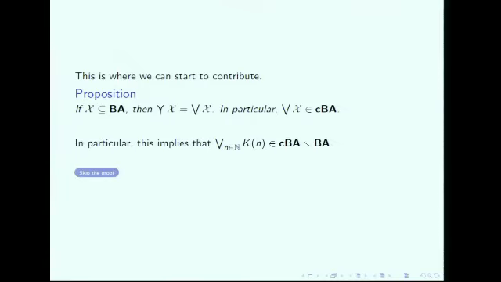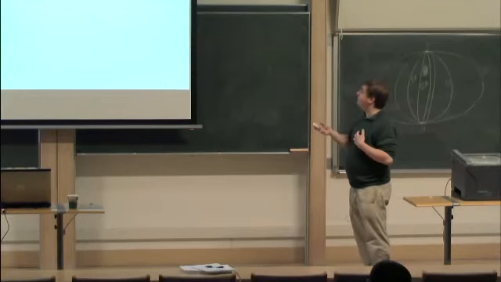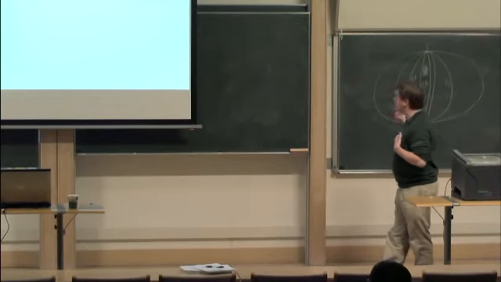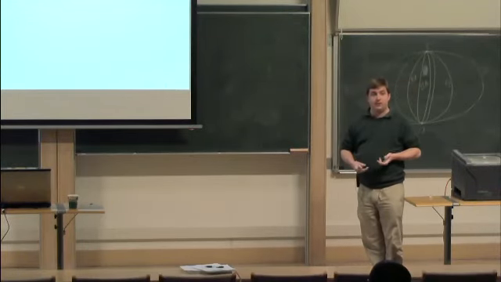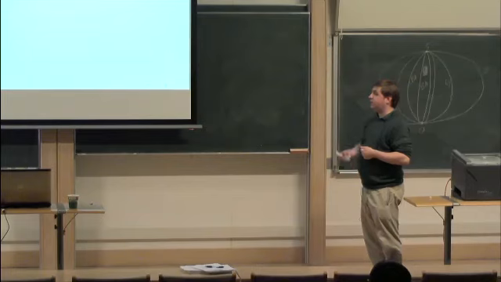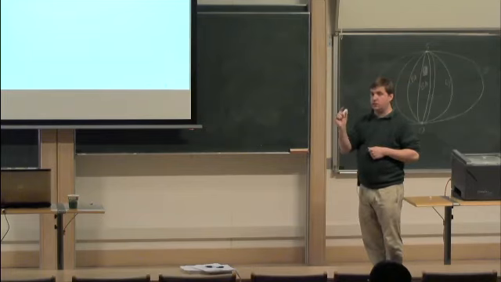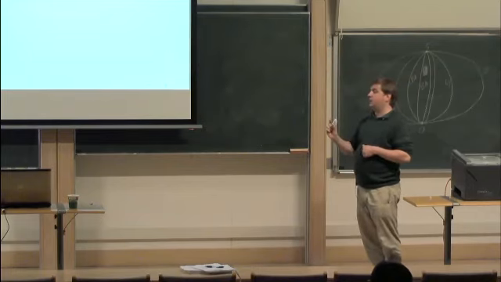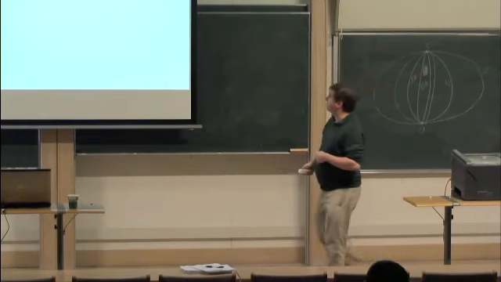So, in particular, this implies that the wedge of the K(n)s is something that's in CBA, but as we've already seen, it's not in BA. So that already gives us a concrete example of something in that complement.